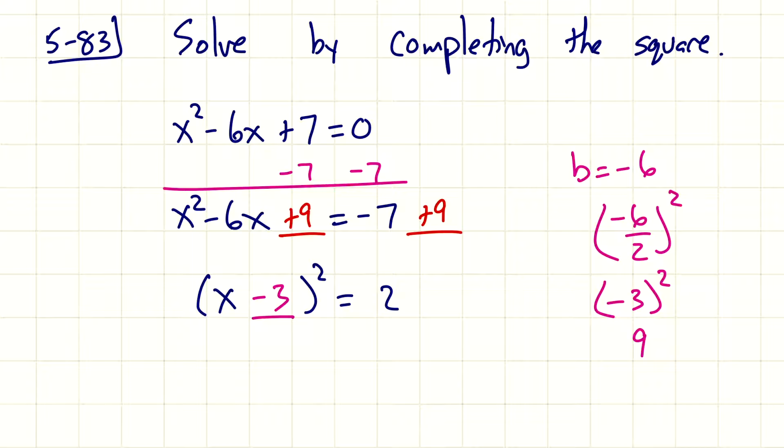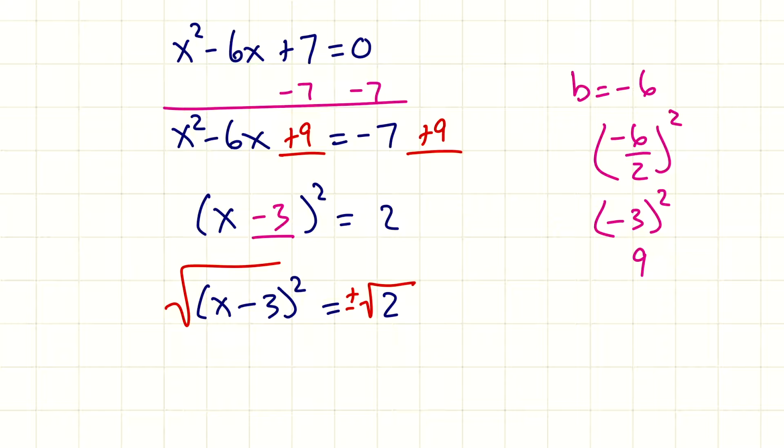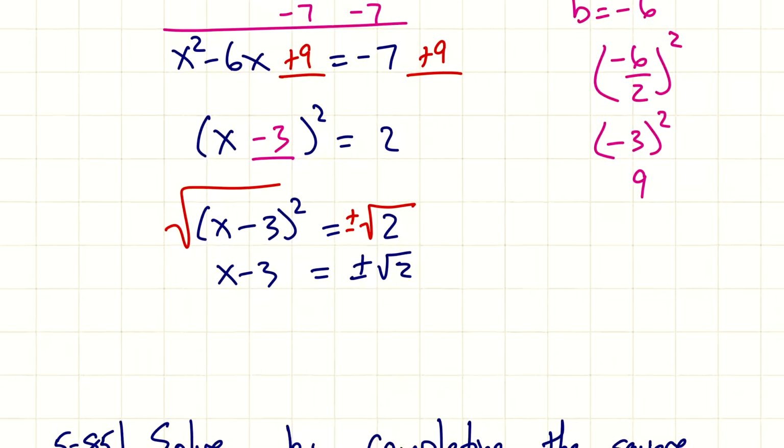So now that we have that, let me just rewrite it. Squared equals 2. And I'm going to take the square root of both sides, plus or minus. And I'm left with x minus 3 equals plus or minus the square root of 2. All right, add 3 to both sides.